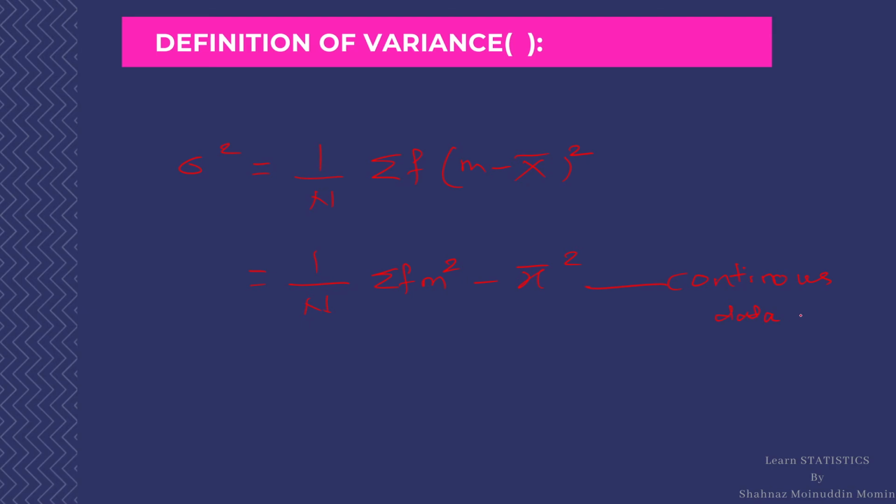Continuous data means a data which is classified into different groups or classes along with their frequencies. This is the definition of variance for the continuous, discrete and individual data.